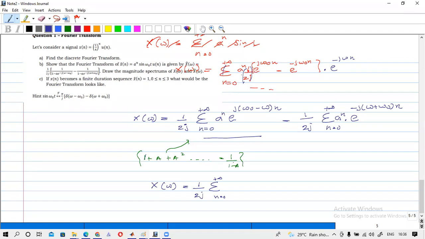So you can see that this n and this n are common, so you can write it like this: e to the j omega naught divided by e to the j omega, the whole to the power n. So this will be our a.